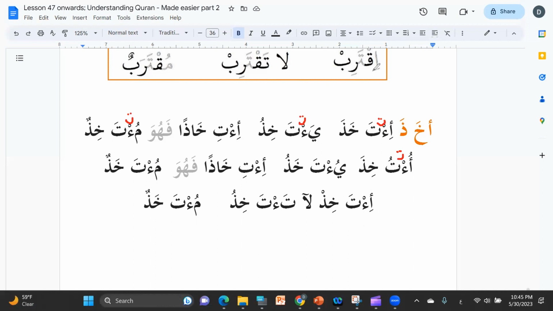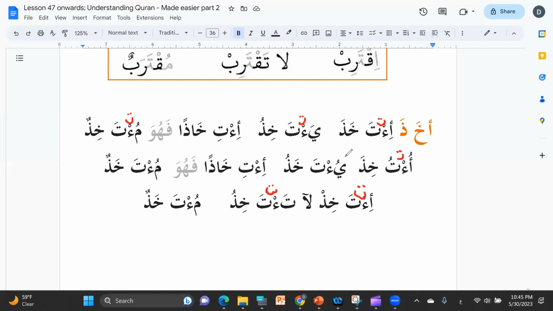Again, iqtarib is the commanding fail. So ittakhiz, la tattakhiz, fahuwa muttakhazun. So these are the changes.